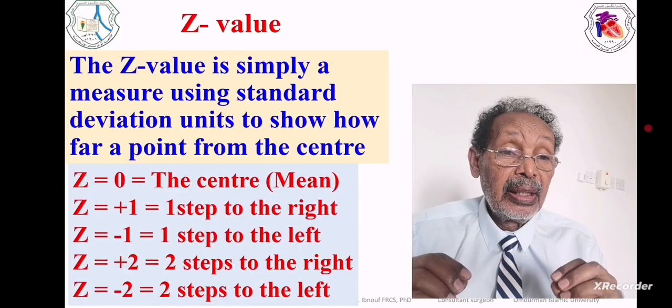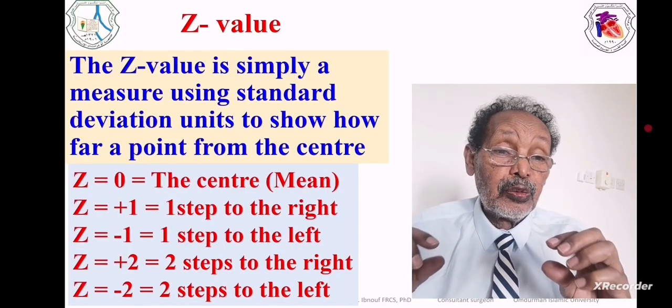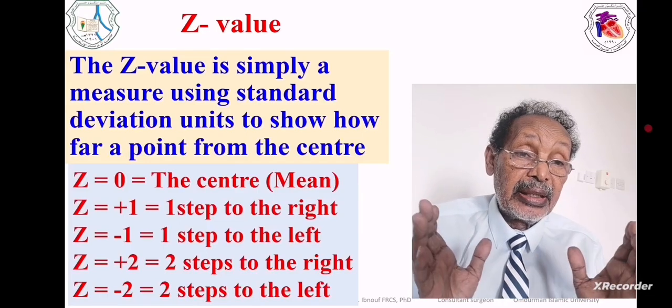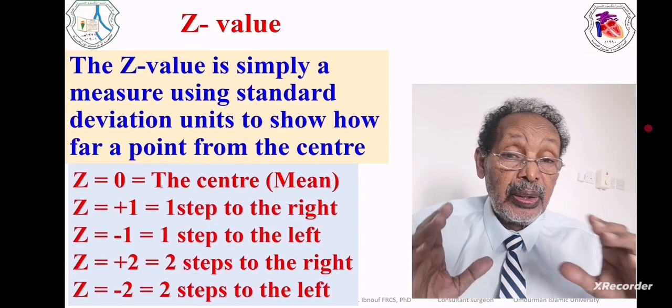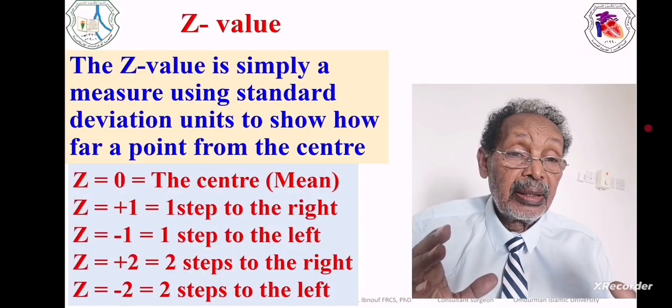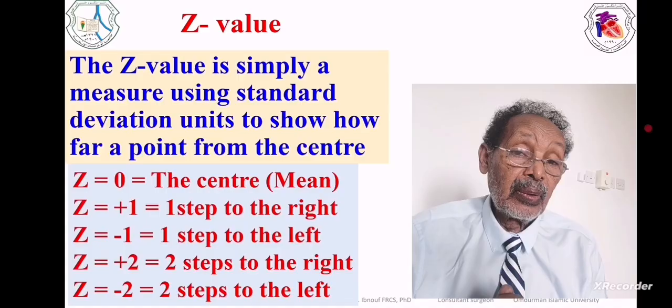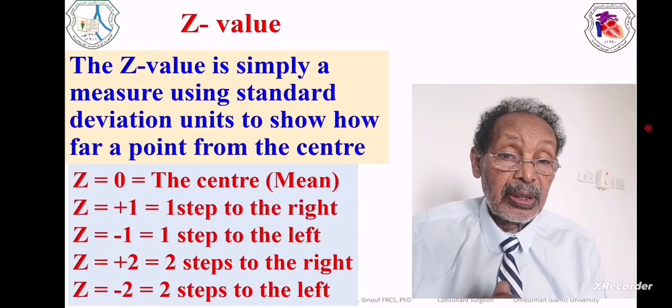Now, when the critical Z value moves 1 unit of standard deviations to the right, when it moves 1 step to the right, it becomes +1 standard unit.